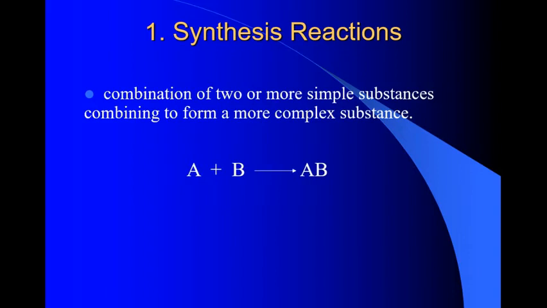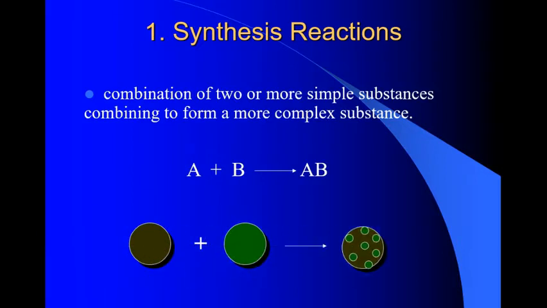So how we identify a synthesis reaction, and this is what you want to highlight there, is that there's one product. So if you have elements on the reactant side, that's a synthesis reaction. One product is a dead giveaway that you have a synthesis reaction.